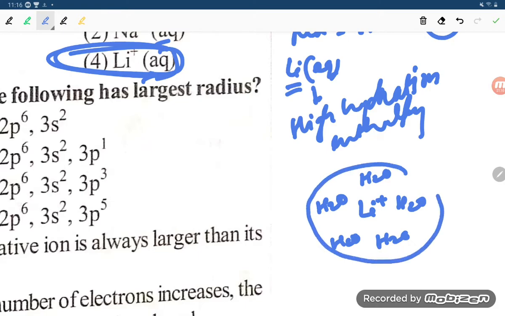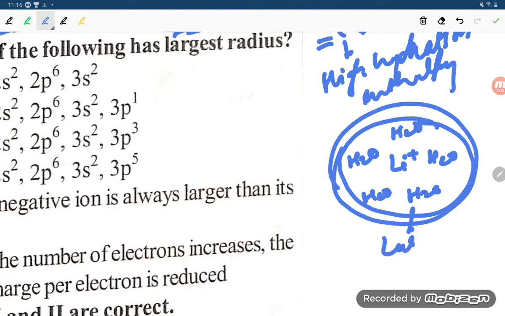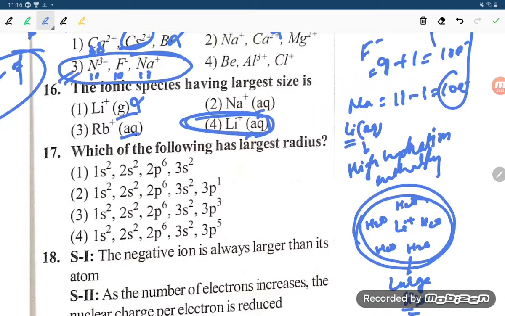If it is surrounded by so many water molecules, it will form a large size. This is large compared to any other, student. So lithium has the largest radius in aqueous solution; the species with the largest size in aqueous solution is lithium.